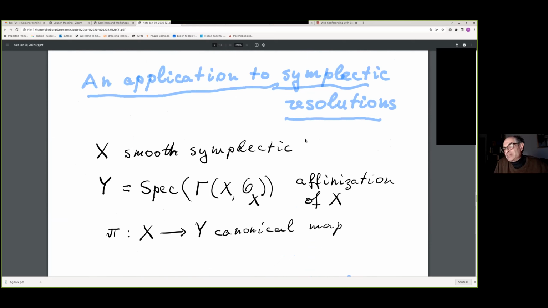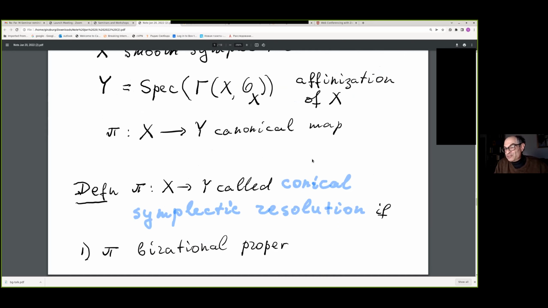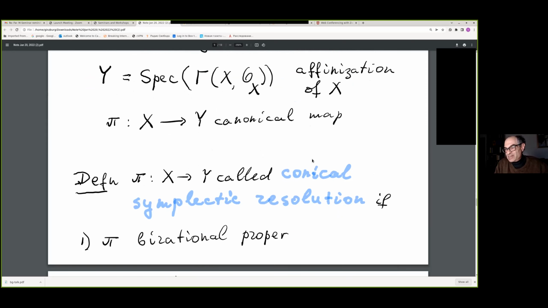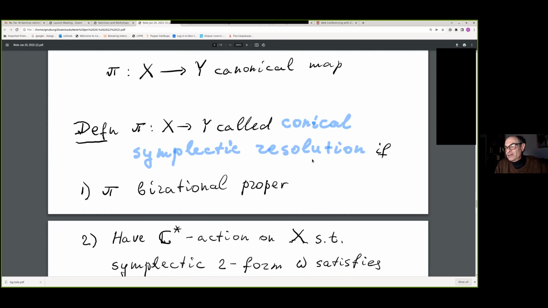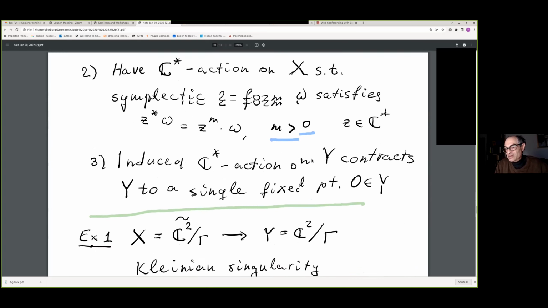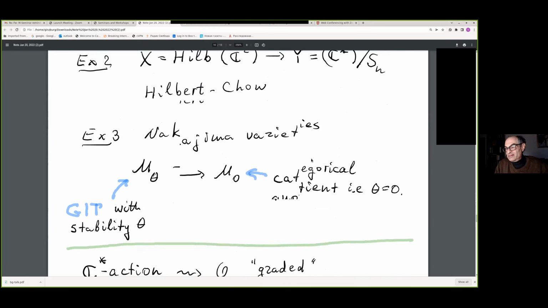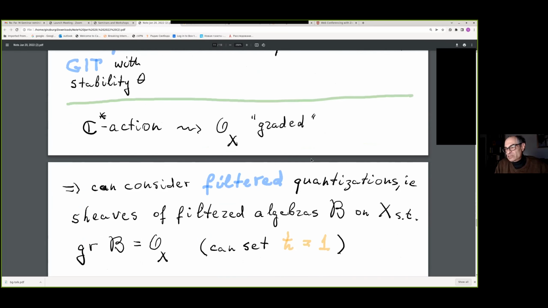You can do it here, but it doesn't help. Somehow using filtered quantizations has the same effect as compactifying. It's essentially equivalent. I'm going to explain it, but considering not formal quantizations, but filtered quantizations where h bar is no longer a formal parameter, is essentially the same thing as compactifying.